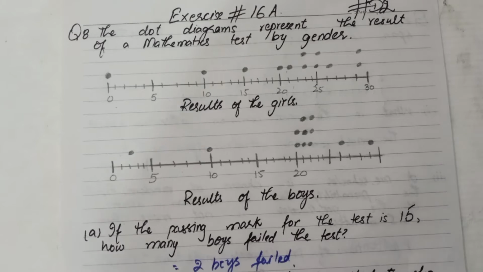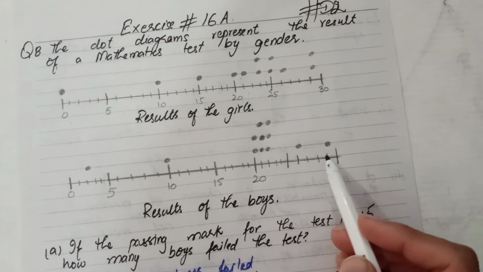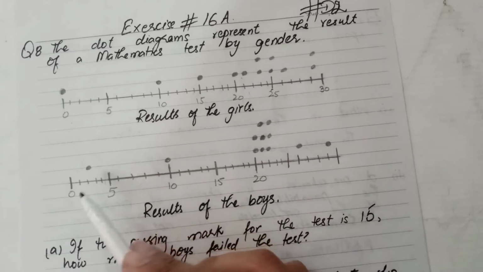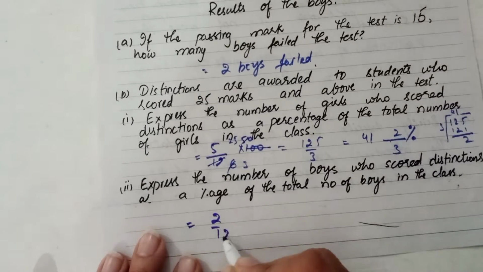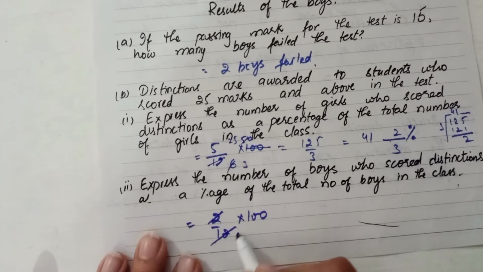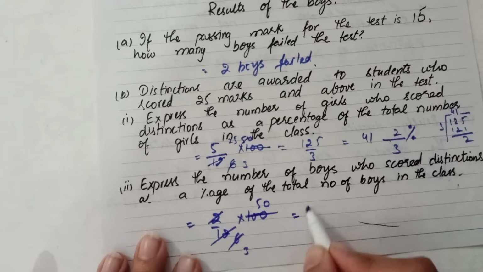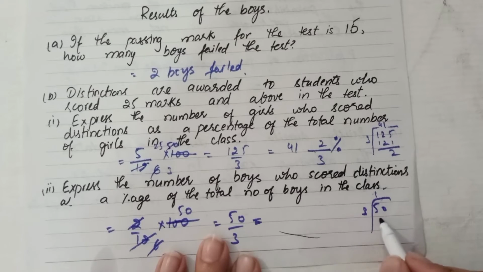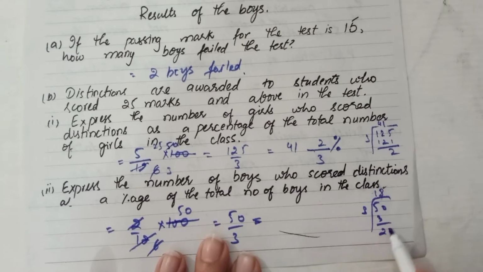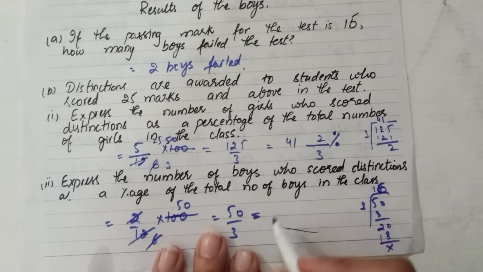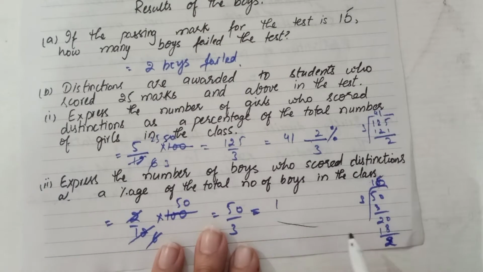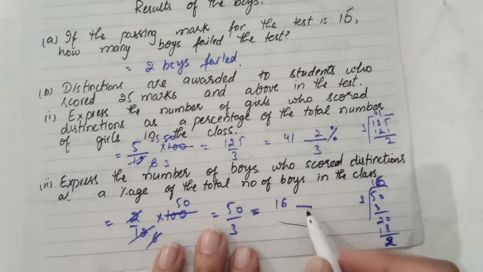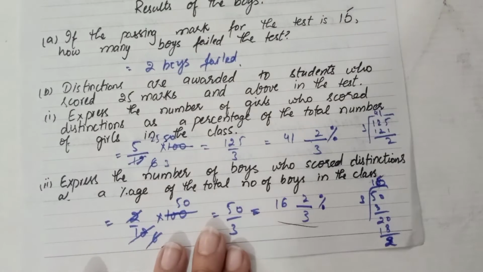The total number of boys is 1, 2, 3, 4, 5, 6, 7, 8, 9, 10, 11, 12, so 12. We multiply 2 by 100 over 12, which is 50 by 3, and in mixed number the remainder is 2, and we write it like that: 16 and 2 by 3, and this is the percentage for boys.